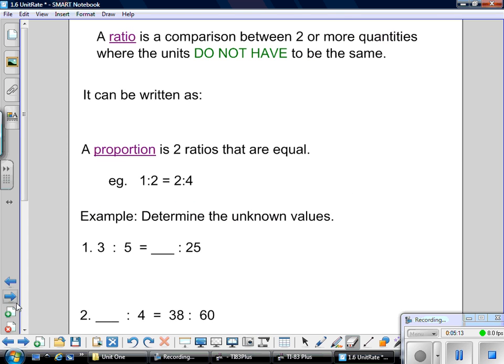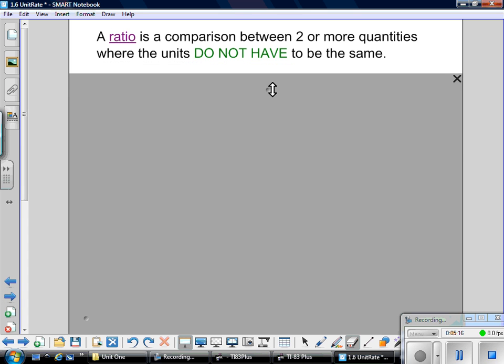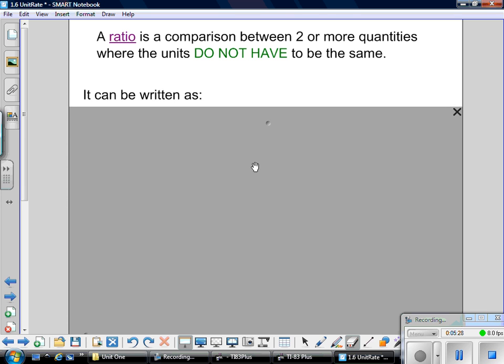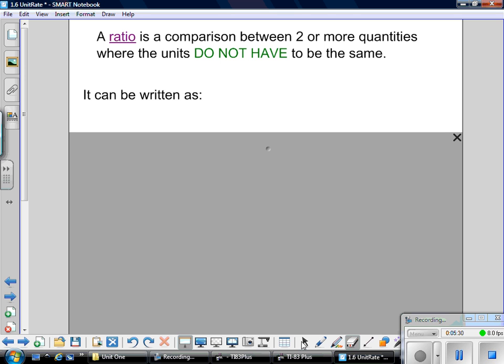Now, the next thing we're going to look at has to do with ratio and proportion. Now, a ratio is just a comparison between two or more quantities where the units do not have to be the same. And you can write it in more than one way. You've seen this before as well. You've done this in elementary school, you know, 1/3, so it's 1 to 3.